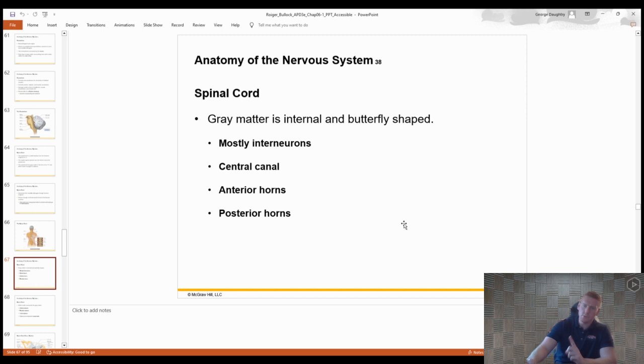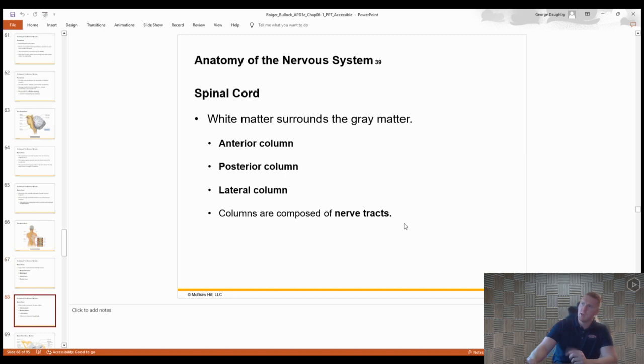Okay. The gray matter of the spinal cord can be further broken down. Okay. It can be broken down into the central canal, the anterior horns, the posterior horns, and it's mostly composed of interneurons. Okay. And the white matter is everything else outside of the butterfly shape. Okay. And we have the anterior column, posterior, and lateral column.